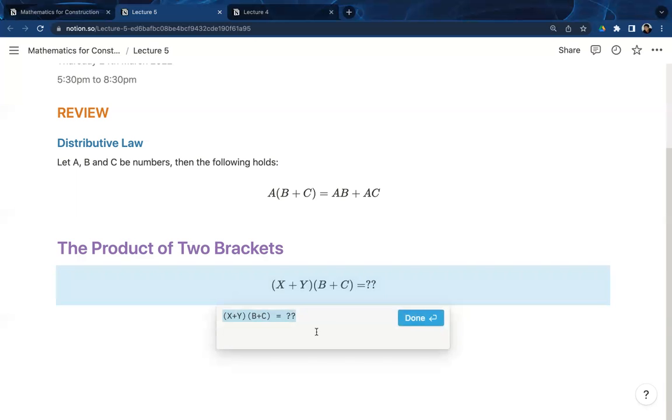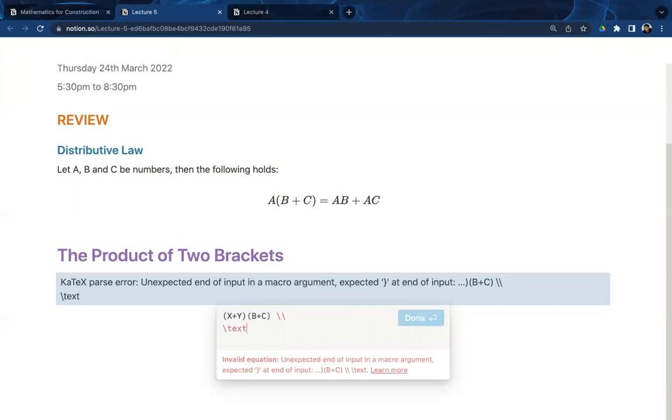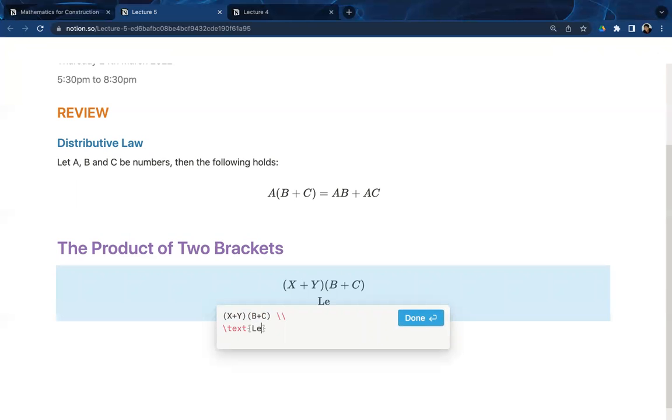So in this question here, you could say let a be equal to x plus y.